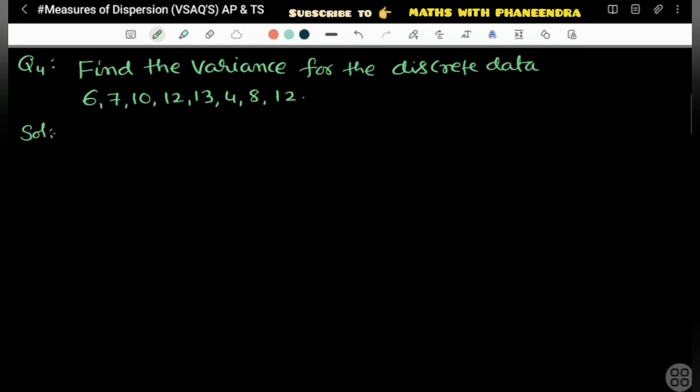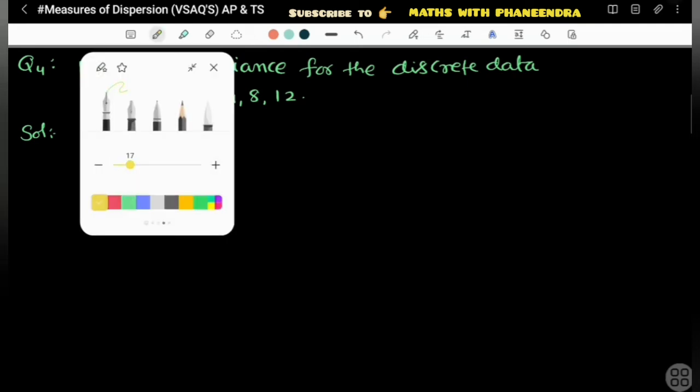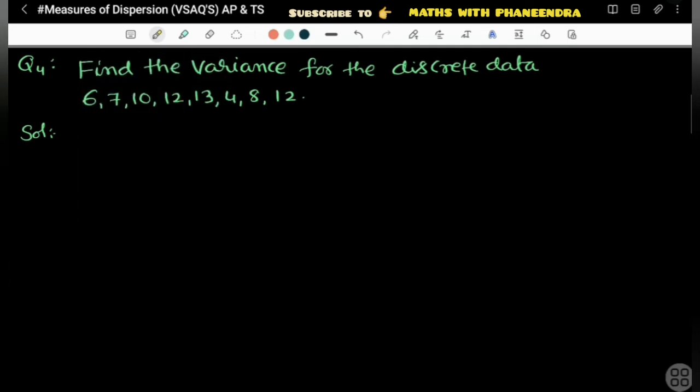So first, to find the variance, find the variance of the discrete data means first you calculate the mean of the given data. The given data, that means observations 6, 7, 10, 12, 13, 4, 8, 12.